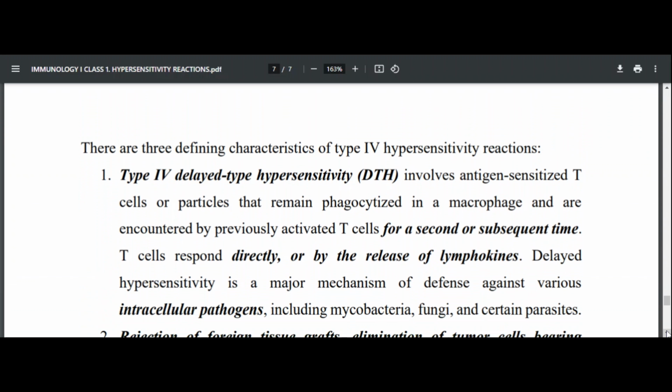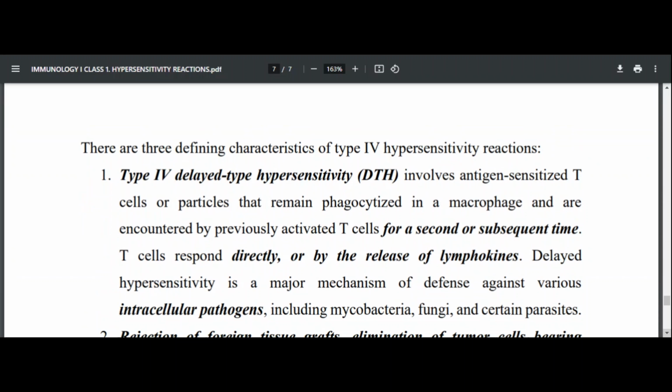There are three characteristics of type 4 hypersensitivity reactions. Type 4 delayed type hypersensitivity reaction is also called DTH.